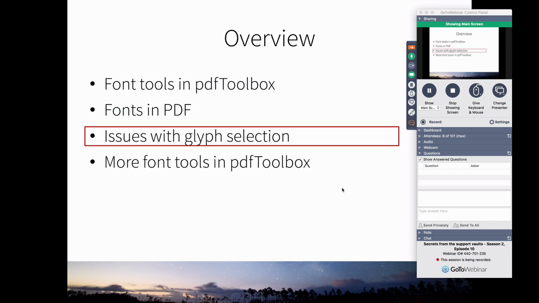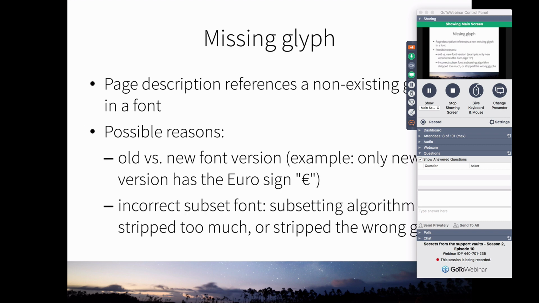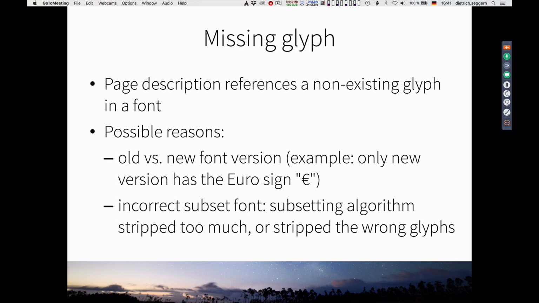So now I have some examples from our support vault, and I want to use these examples to show some problems. The first problem is the missing glyph. The page description references a non-existing glyph, so no glyph can be found in the font, which is either embedded or not.